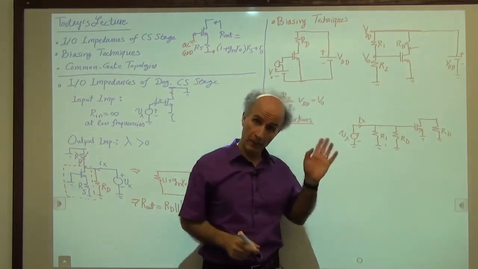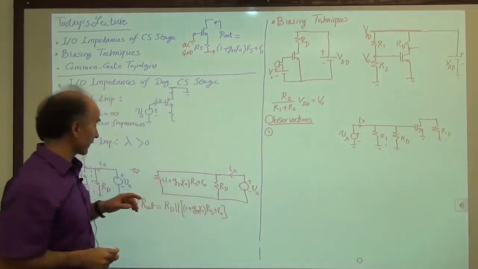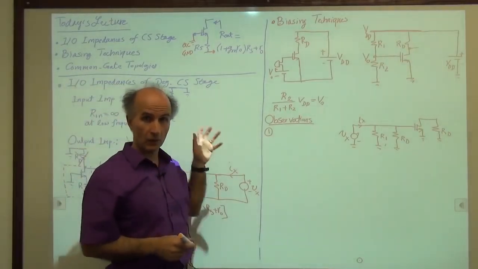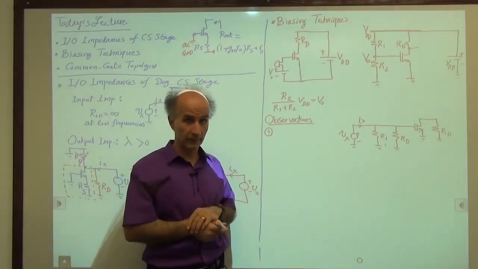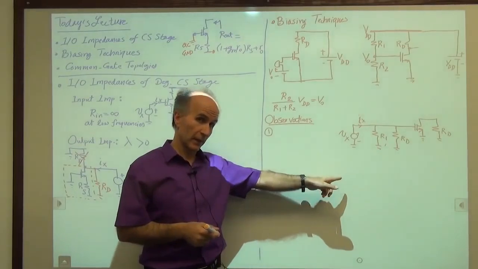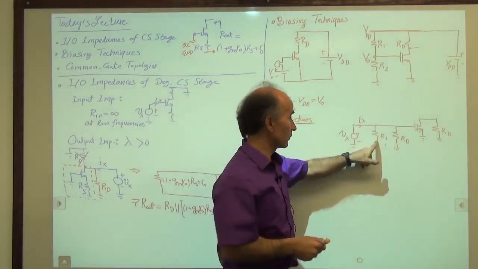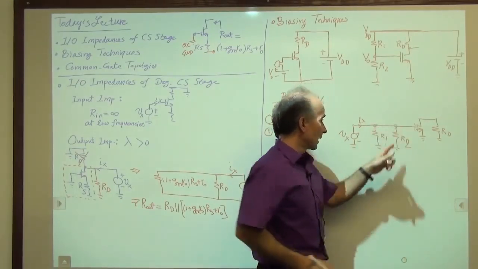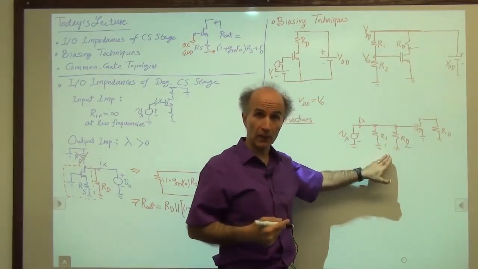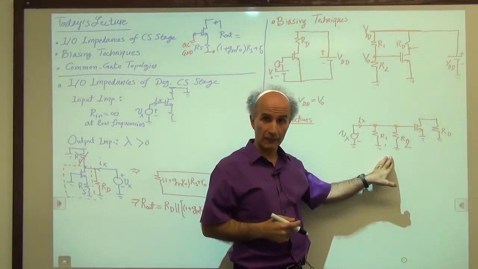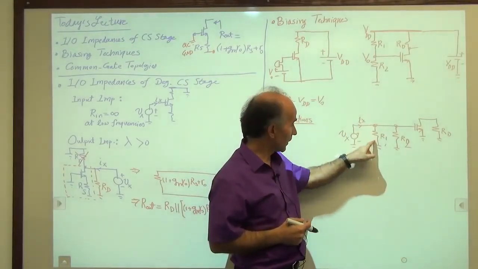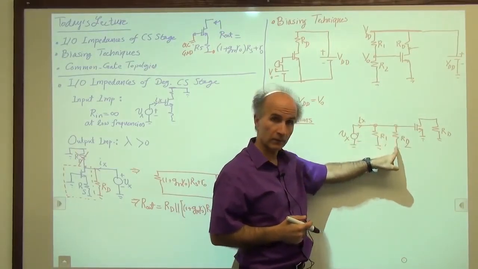Now what you remember from last time and also from this calculation here is that the input impedance of the common source stage is ordinarily infinite, but not anymore. As you can see here, now we have these two resistors, sorry, this is R2, that are loading the input, meaning that the input impedance has now fallen from infinity to R1 in parallel with R2.